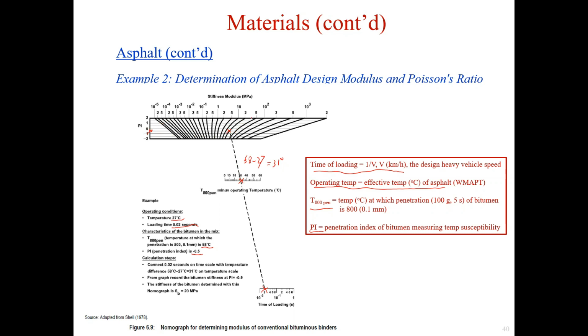Then we read the value on the horizontal axis. We can see that the stiffness of the bitumen determined from this nomograph is SB equal to 20 megapascal. So that's the first step.